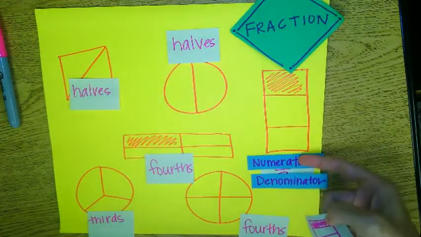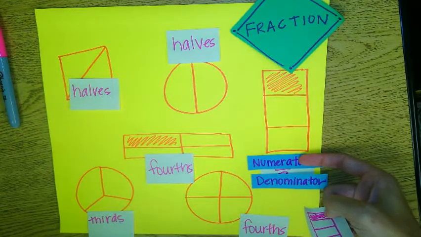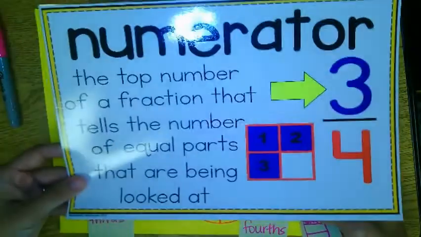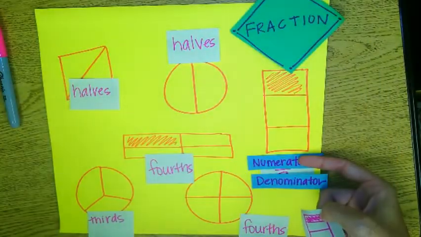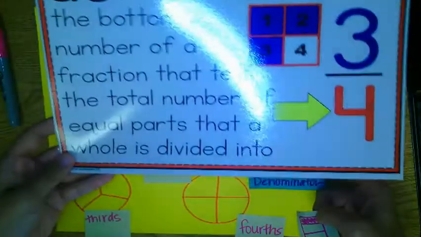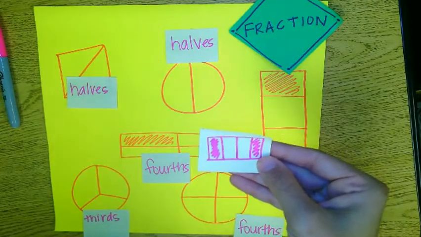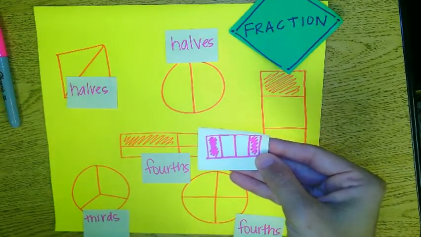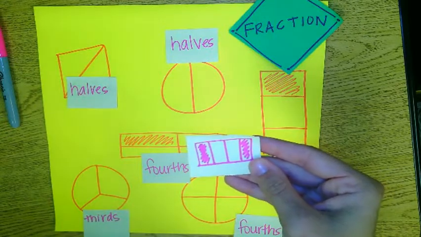So if I'm taking my numerator, the top number of a fraction, it tells the number of equal parts that are being looked at. And my denominator is my total number of parts. My total number of parts is 4. And the part that I'm talking about that's shaded is 2.